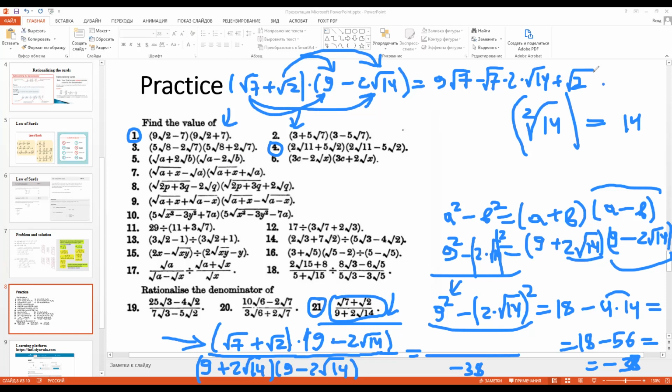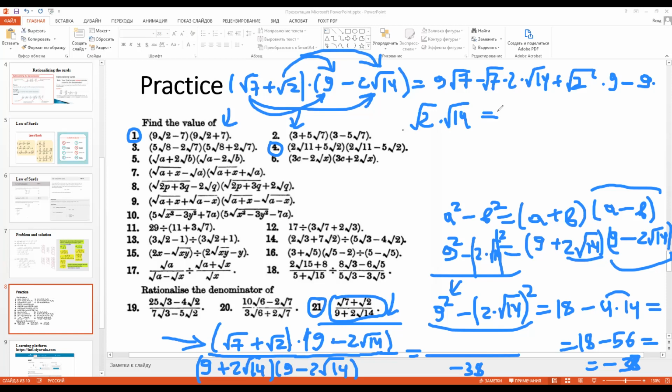Yes, positive. And then this one is minus. Let's erase this one because we don't need it. So 9 multiplied by the square root of 2, multiplied by the square root of 14.